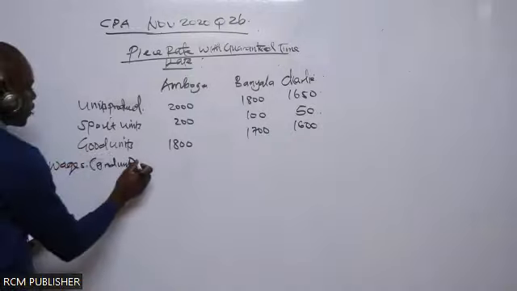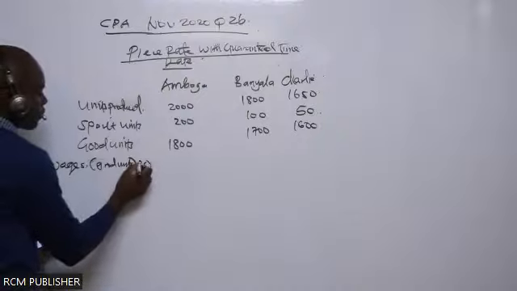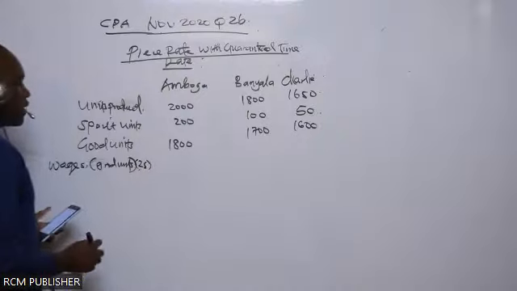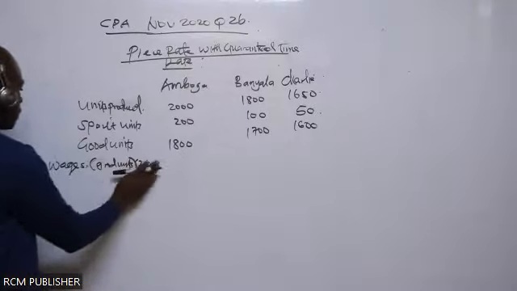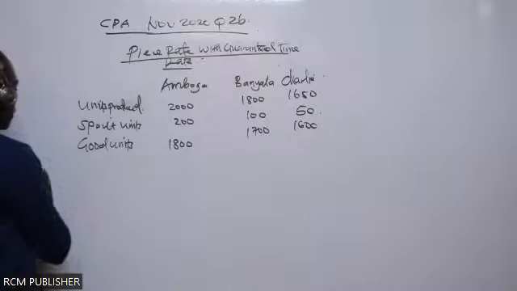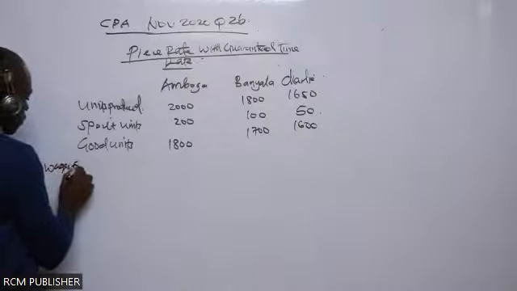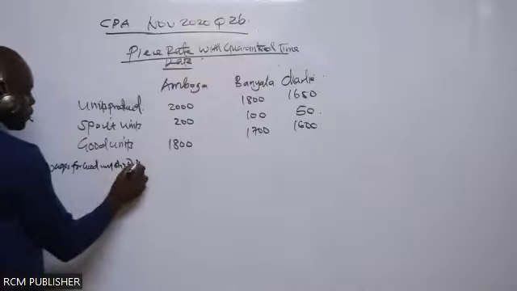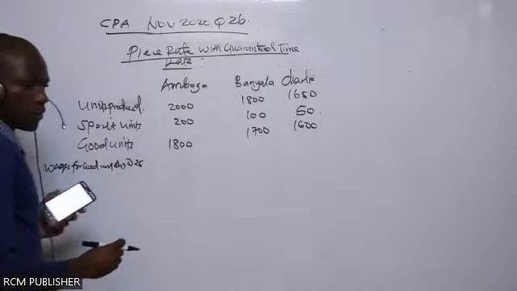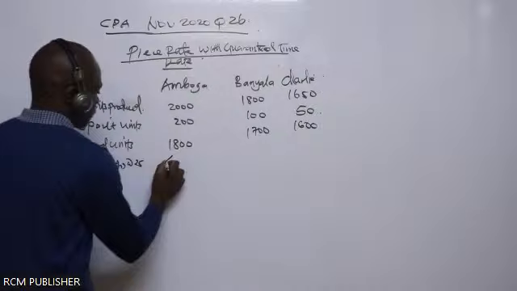So of course at the rate of 25 shillings. So can someone give us the amount they are going to receive? Good units in shillings, and each at 25 shillings. So what are we going to have? 45,000.